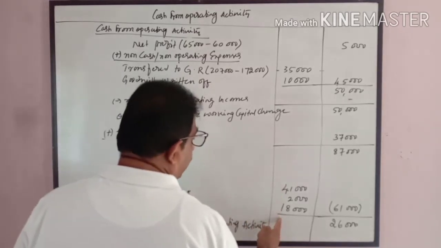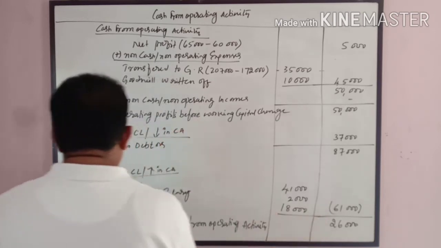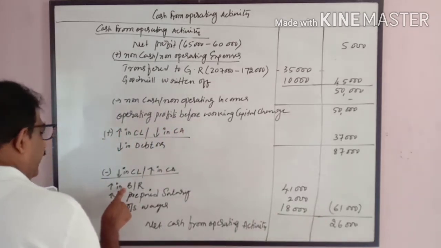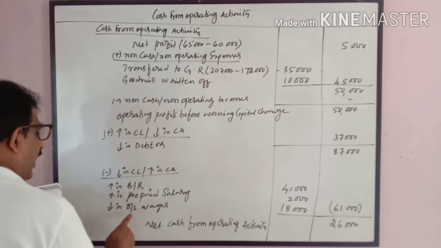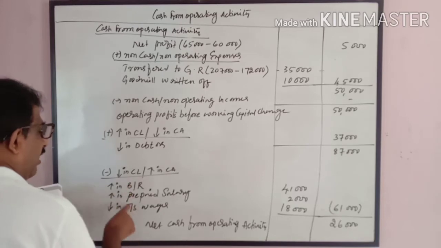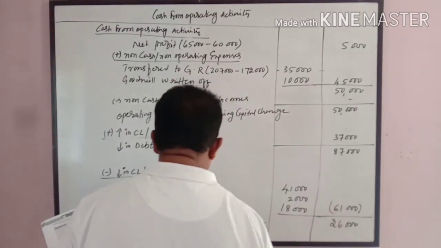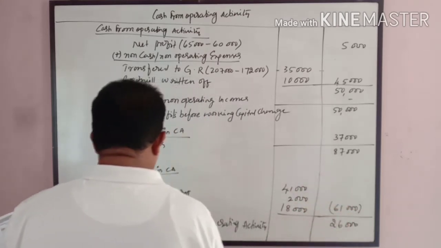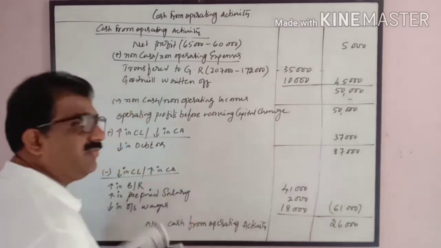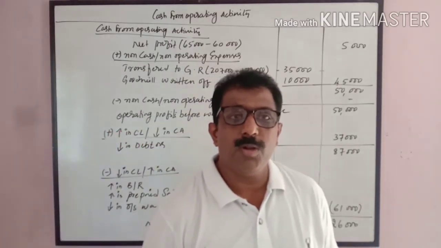So when you add all this, 61,000 is the outflow of cash. Here BR and prepaid salaries are current assets which are increasing, and outstanding wages is a current liability which is decreasing. All these three we have to add up and write here, 61,000. Final answer: 87 minus 61, net cash from operating activity. This is one kind of problem. I'll work out one more problem now.